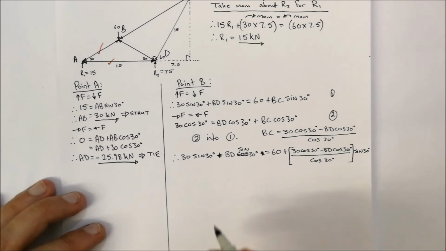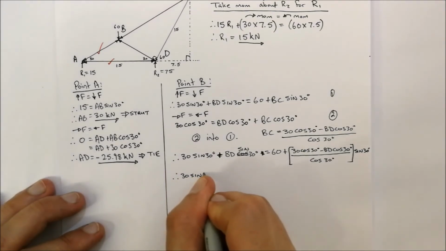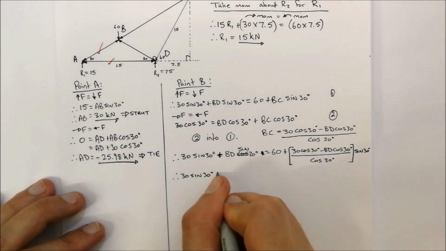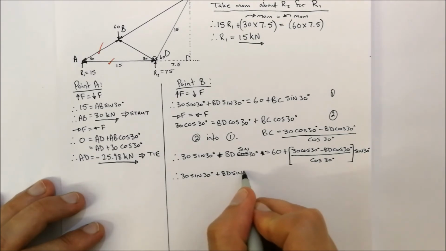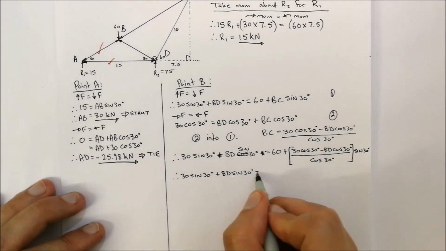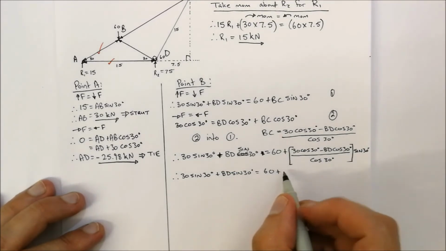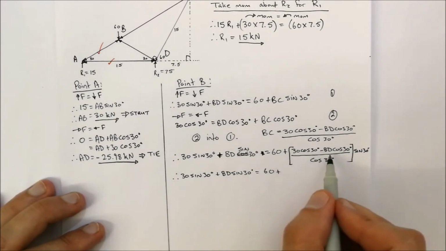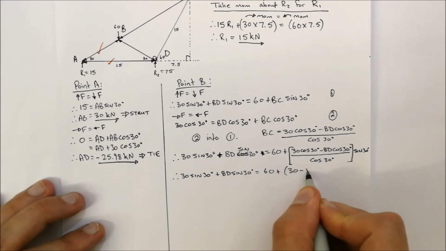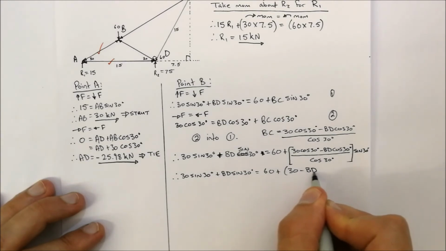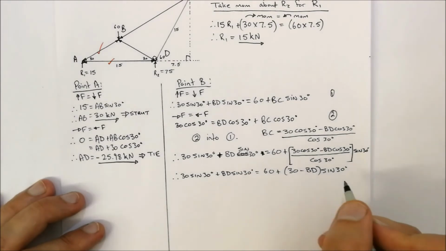Therefore 30 sine of 30 degrees plus BD sine of 30 degrees is equal to 60 plus 30 minus BD, and that's all multiplied by sine of 30 degrees.